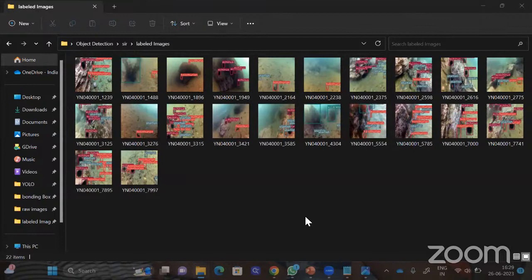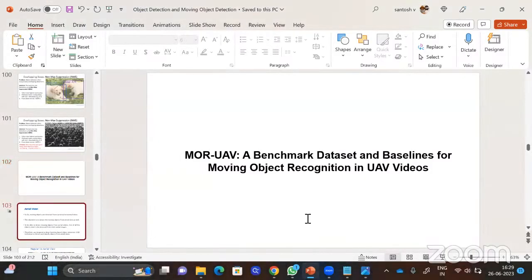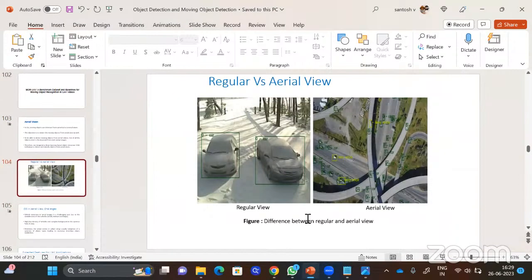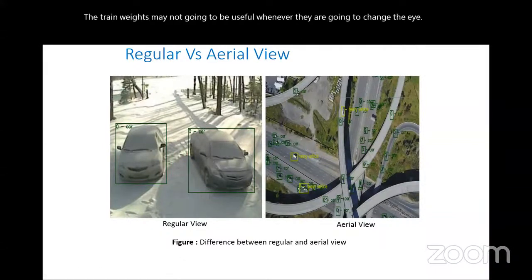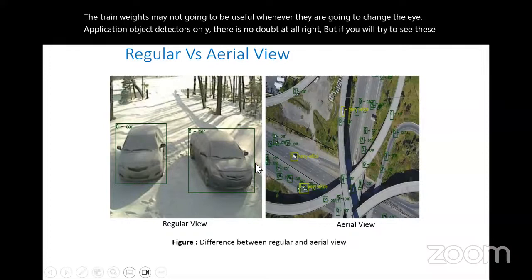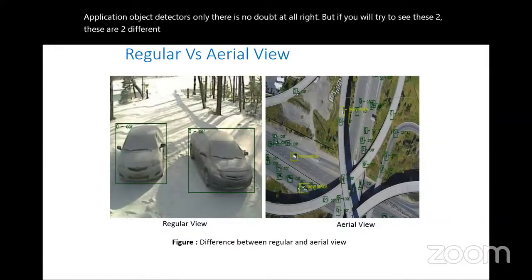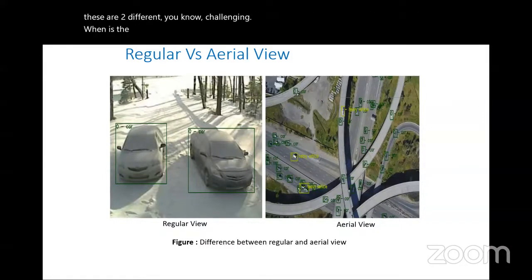I'll show you two more slides and then wind up here. The object detectors with trained weights may not be useful whenever the application changes. It is an object detector only, there is no doubt about that, right? But if you look at these two, they are two different challenges. One is a conventional view, like the way we have discussed just now.